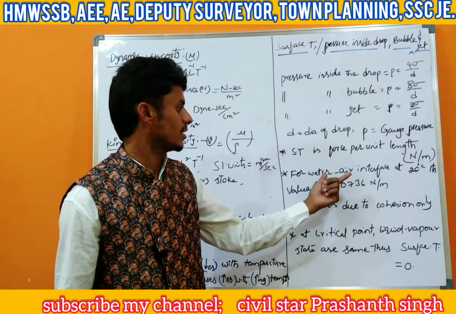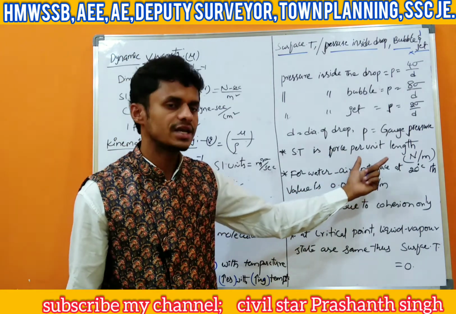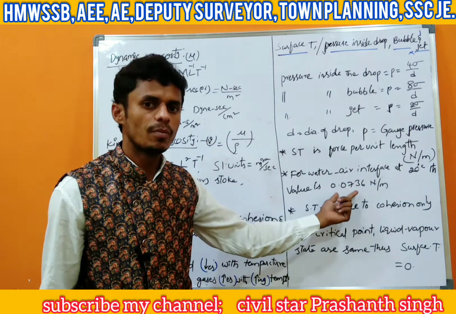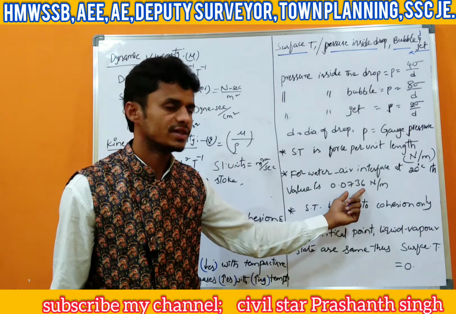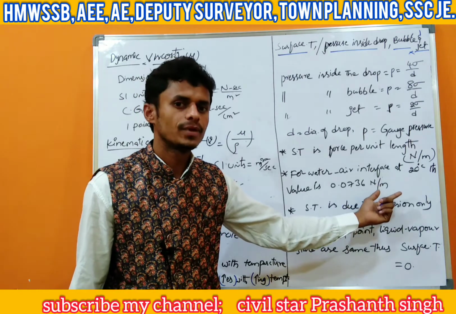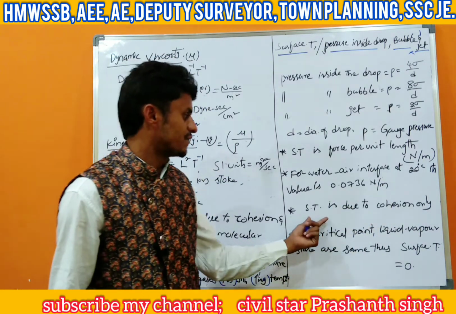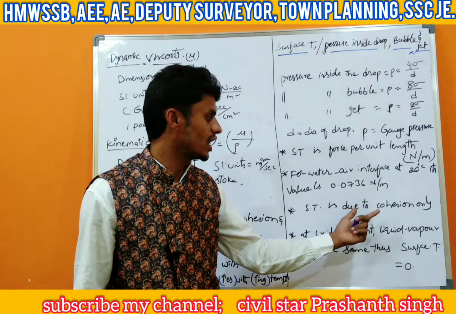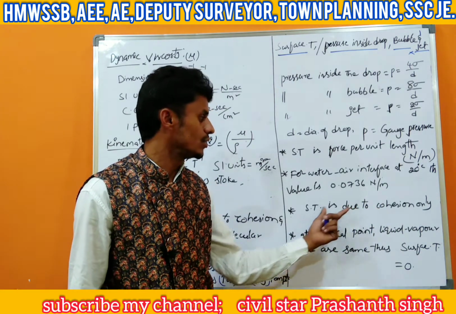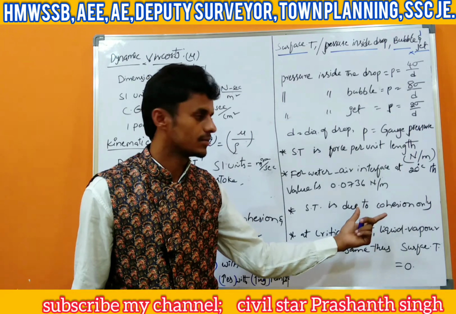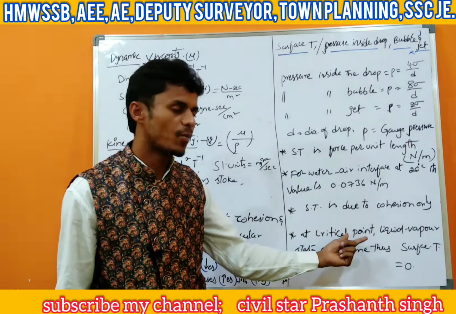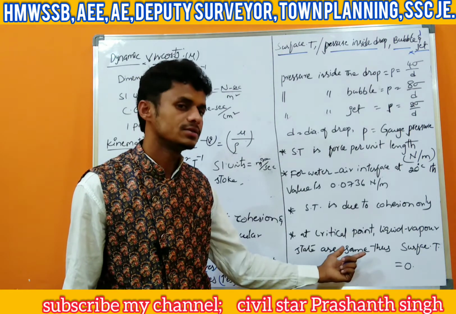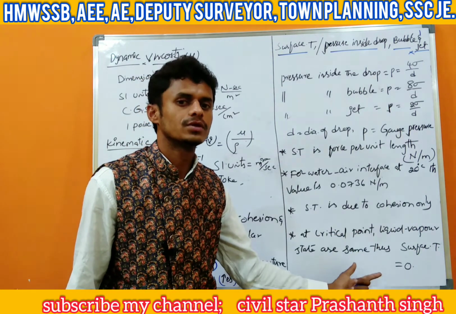For a water-air interface at 20 degrees centigrade, its value is 0.0736 Newton per meter. Surface tension is due to cohesion only, not due to adhesion. At the critical point, the liquid and vapor states are the same, thus surface tension equals 0.